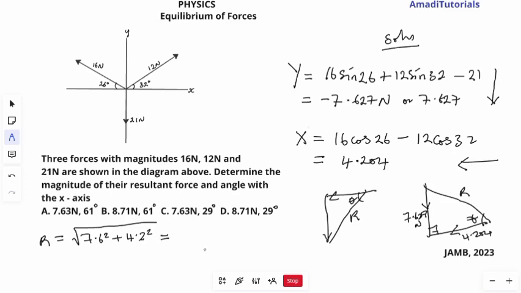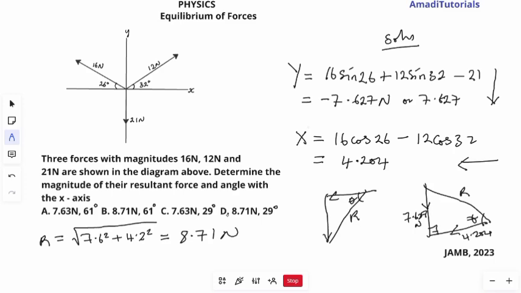If you process that, you will end up having 8.71 Newton. So the resultant is 8.71 Newton, which is option B and option D.